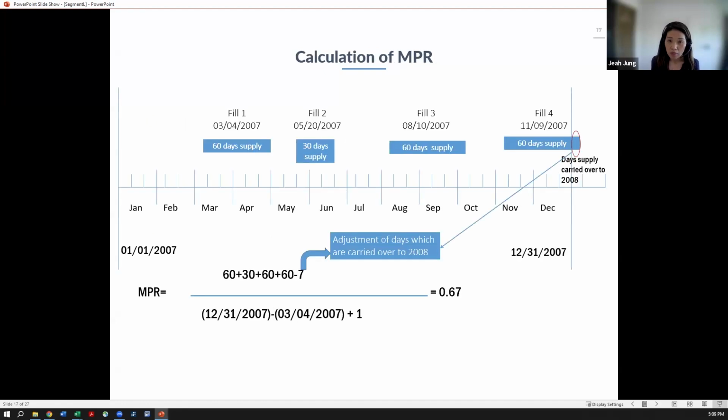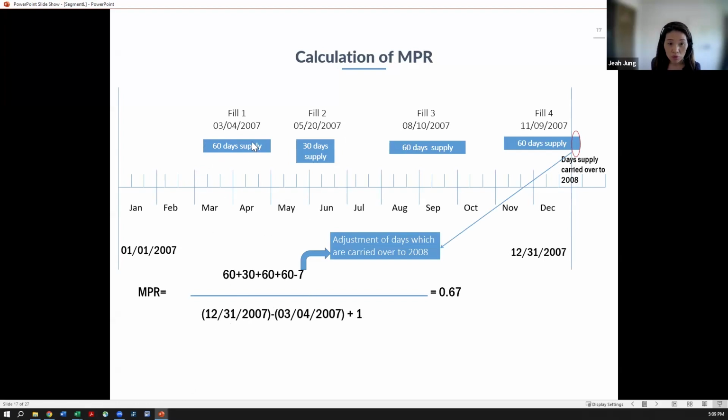So this shows how we calculated the MPR. For this beneficiary, the first fill date was March 4th, and the period runs from March 4th through December 31st, 2007. You can count the number of days between these two dates for the denominator.